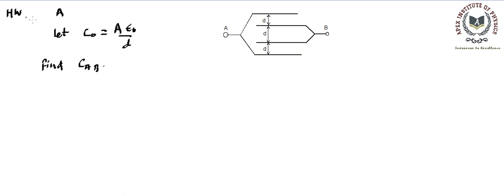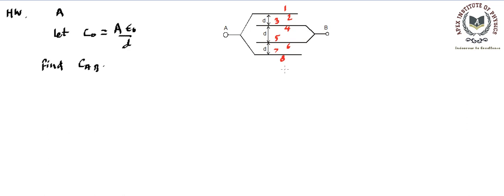So I asked you to assume A epsilon naught by D as C naught. Then we need to find what CAB is. So let's try to find it using the same rule that we learned. We are going to name these faces 1, 2, 3, 4, 5, 6th, 7th and 8th.